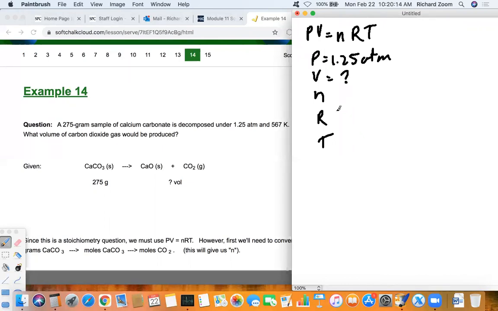And we can calculate N, which we haven't got yet. And the R value is still going to be the same, 0.08206 liters atmospheres per mole per Kelvin. And the temperature is 567 K. And we can get this, the N value.